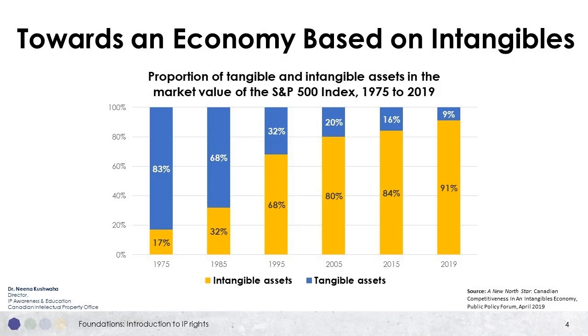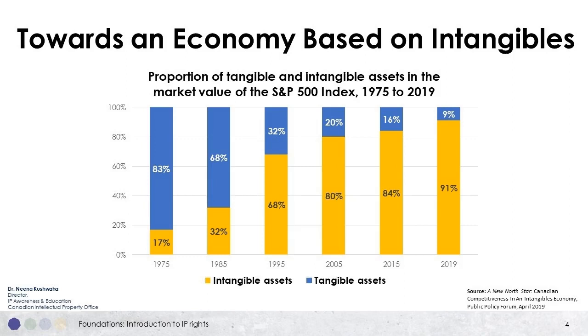These are indicated in yellow, and these are things such as brands, IP, data, versus tangible assets, which are indicated in blue, so things like inventory. In 1975, only 17% of the market value of this index was based on intangible assets. But today, intangible assets represent over 90% of the S&P 500 index total value.